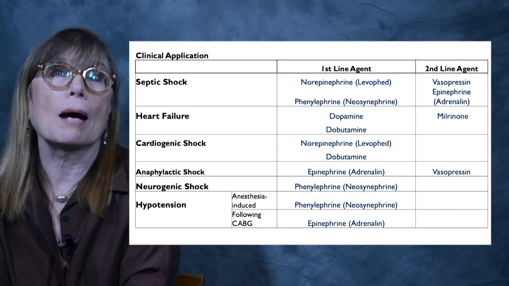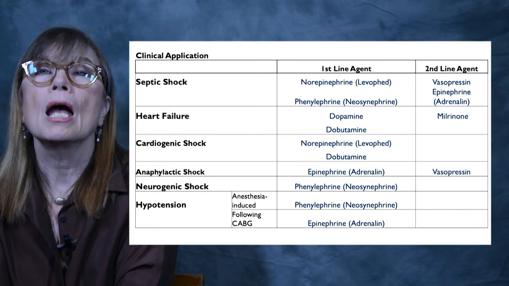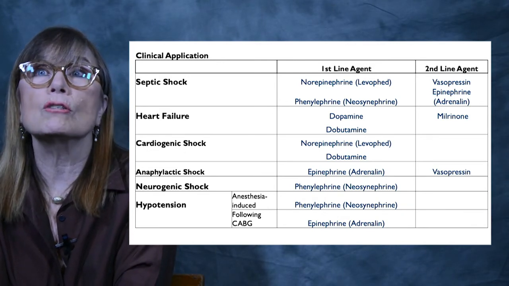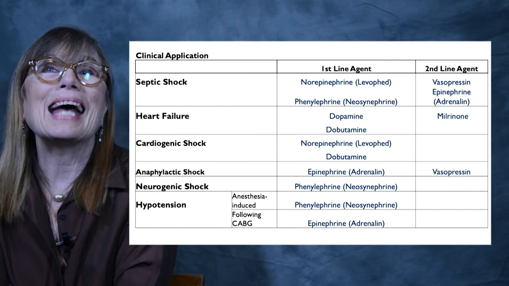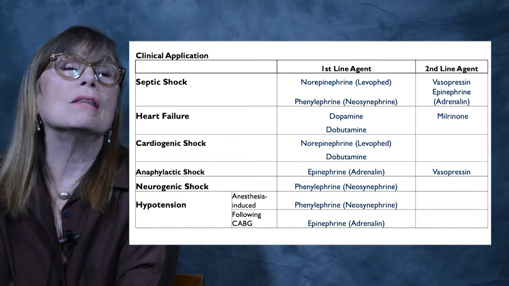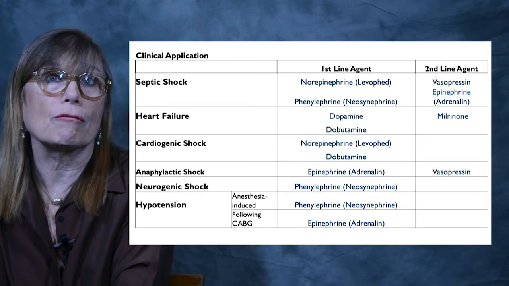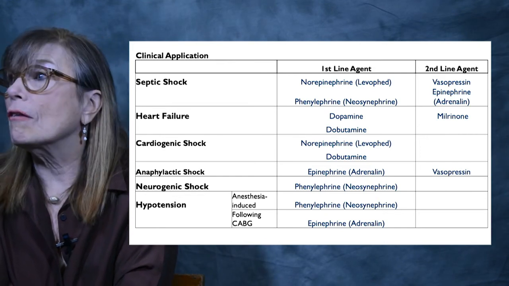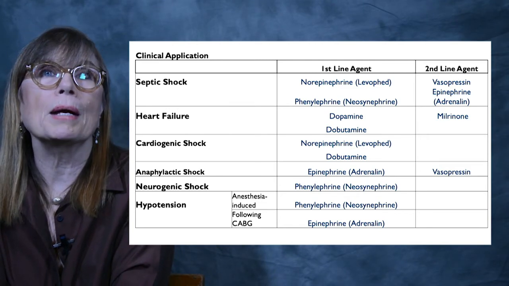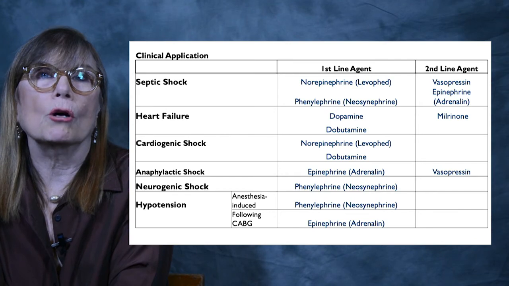So in clinical application for septic shock, first-line agent norepinephrine, second-line agents vasopressin and epinephrine, and in the neuro intensive care unit or in the OR, the first-line agent may be neosynephrine or phenylephrine. For heart failure, dopamine and dobutamine. For cardiogenic shock, norepinephrine and dobutamine.